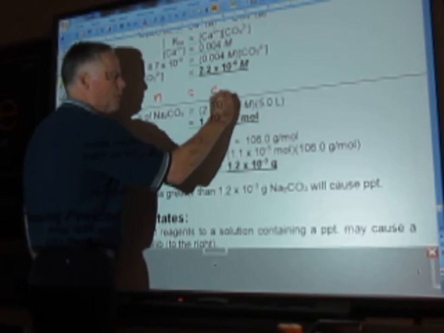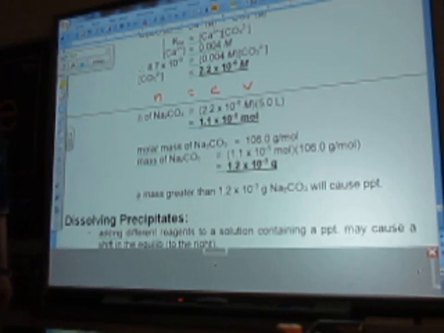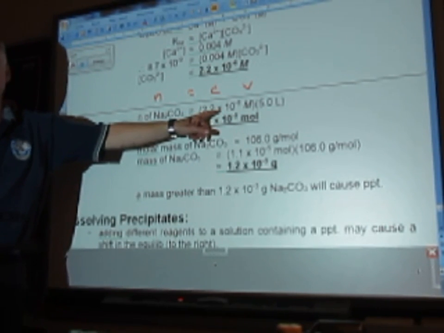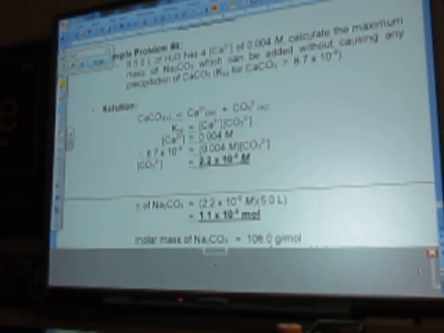Moles is equal to concentration times the volume. This is the concentration of sodium carbonate, right? So if I want to find the number of moles, the volume came right here.